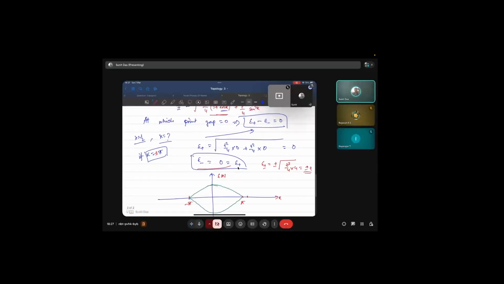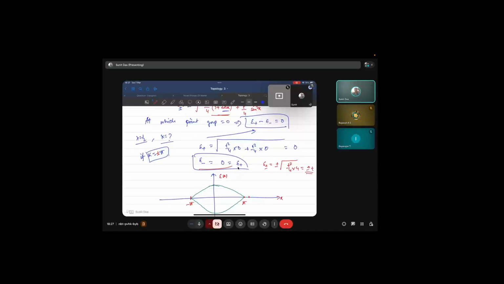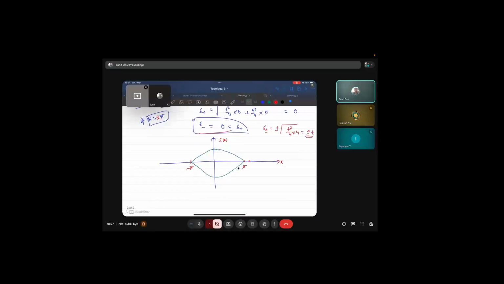We have separately seen this from case 1 and case 2. So this is the gap closing point, and this is also the Brillouin boundary, because for the 1D case, the Brillouin boundary is minus pi by a to plus pi by a, right? a is the unit cell dimension, which throughout the lectures we will consider to be 1.